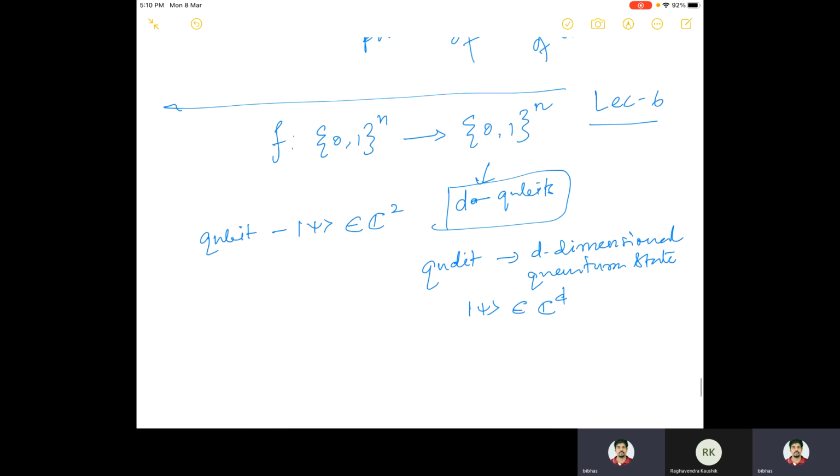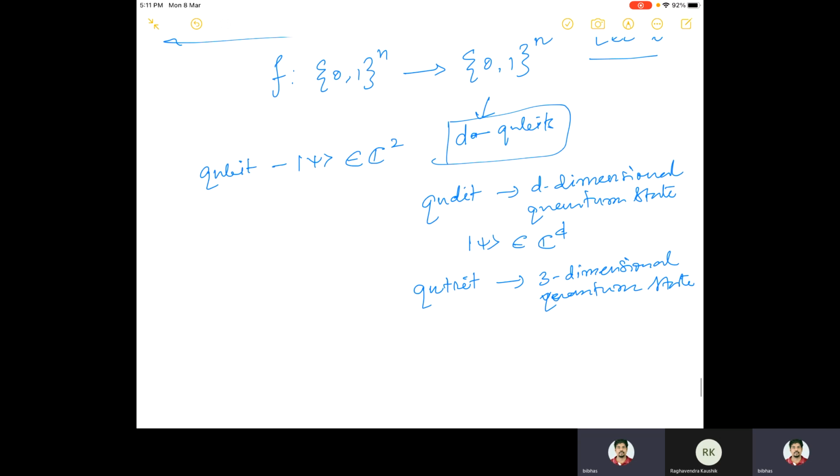For example, a qubit is a two-dimensional state, or you can say a two-dimensional vector, and then a qutrit is a three-dimensional vector, a quantum state, also a unit vector.